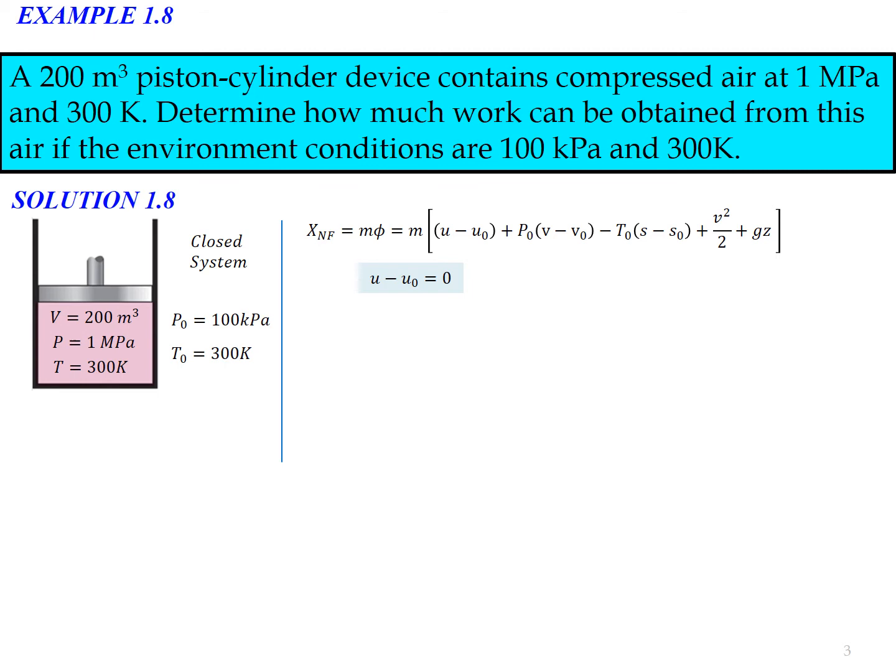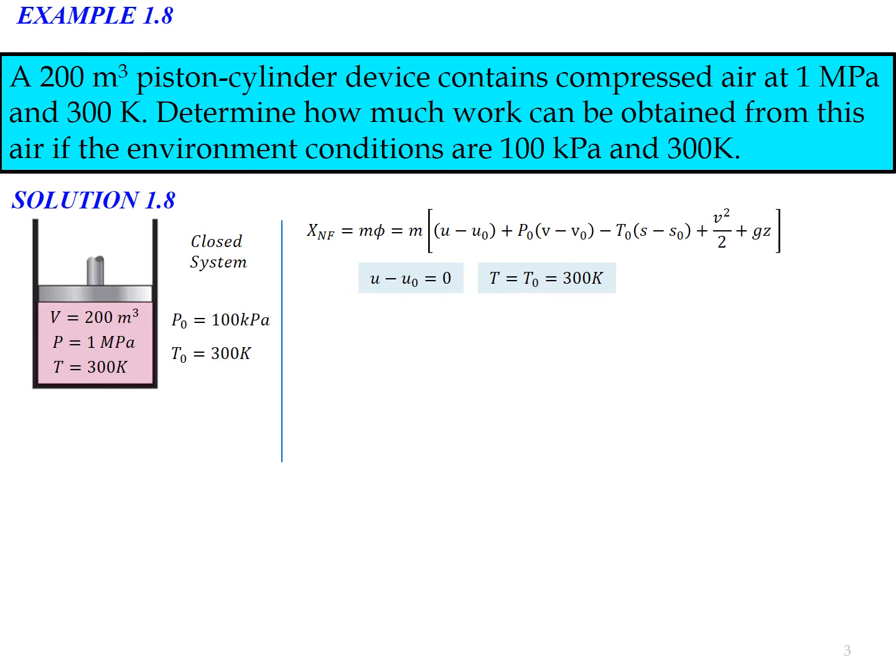So now in terms of specific internal energy difference, the value will be 0, u minus u naught. Why? Because we know that internal energy has a relationship with the heat and also with the temperature. For this condition, the temperature of the substance and also the temperature of the environment is constant, T equal to T naught equal to 300.